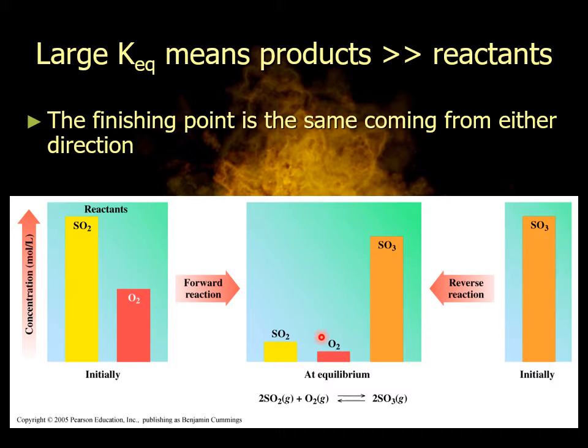You think about the expression, the SO3 is on top, SO2 and O2 are on the bottom. So a large value of K is going to indicate that the numbers on the top must be bigger than the numbers on the bottom. And again, it doesn't matter where you start with all SO2 and O2 or all SO3. The reaction goes forwards or backwards. You always end at the same place.